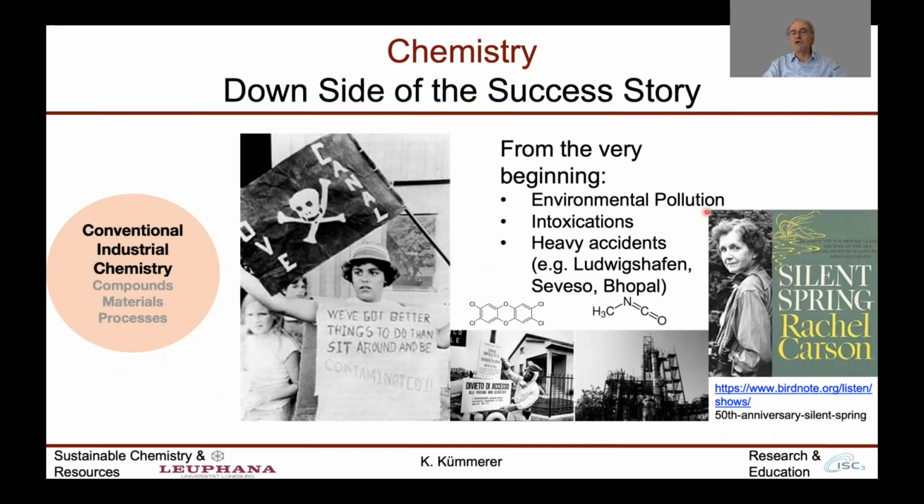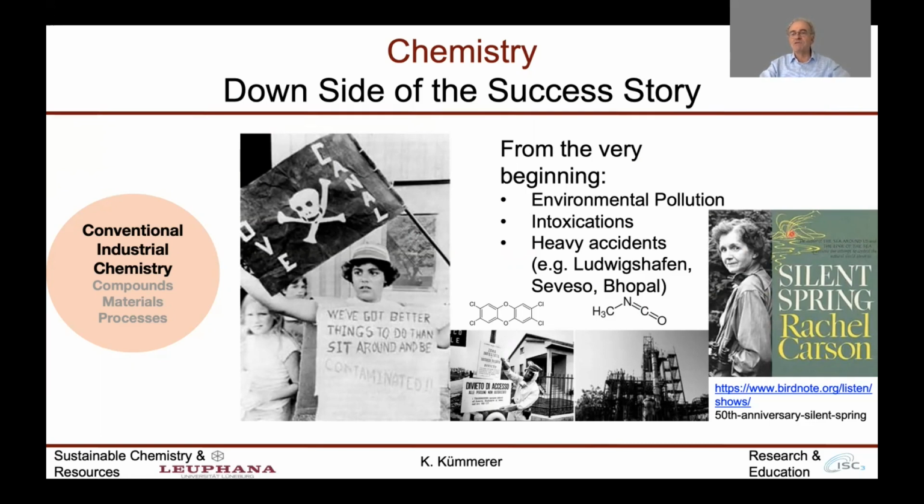Also, already very early in the beginning of the 60s of the last century, there was a book written by a biologist, Rachel Carson, called Silent Spring. She was afraid that in future there will be a spring without birds, because at this time we had a heavy use of insecticides, of the chlororganic insecticides, which we have learned are accumulating in the food web, which then have been present in breast milk, but also very persistent in the environment.